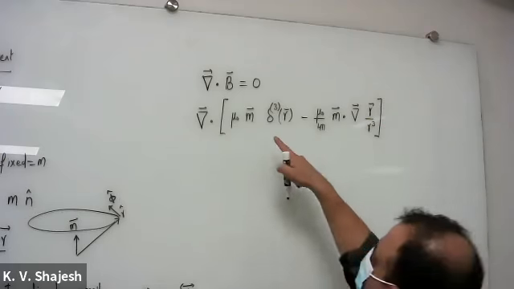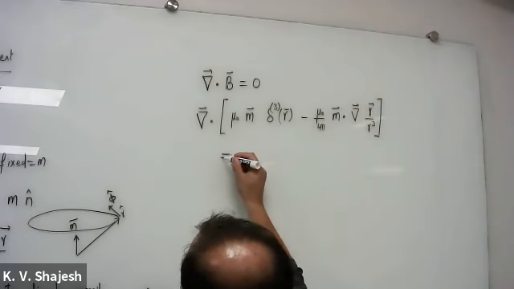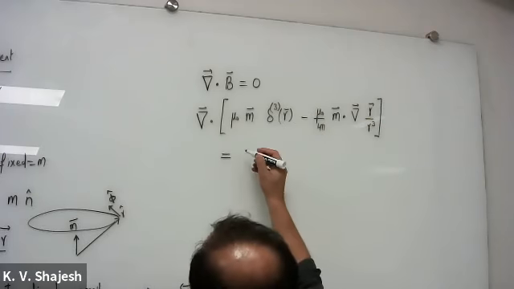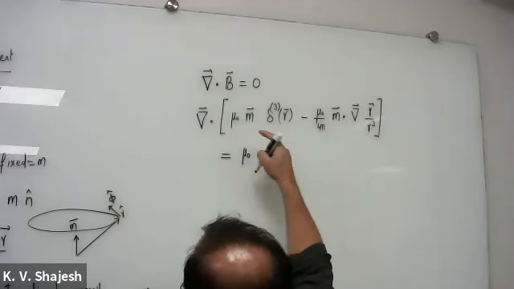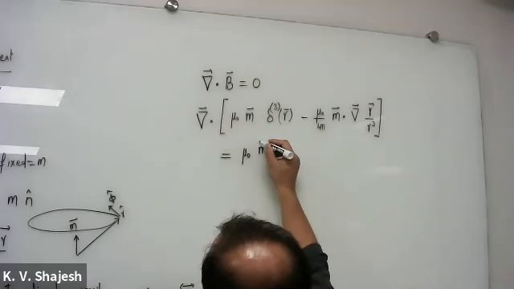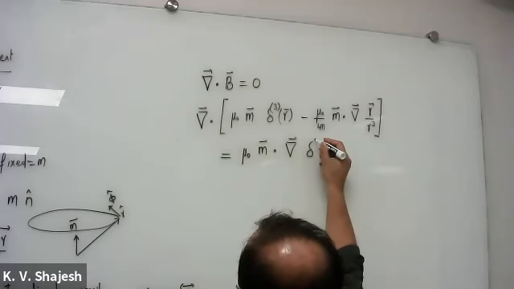So what we do is, the first one is a derivative of a delta function, a very complicated object. So we keep it intact. We don't want to play with that. Instead, we expect that it will get cancelled. So it is mu naught, which is constant and doesn't depend on position. This is m, so it becomes a directional derivative of the delta function.